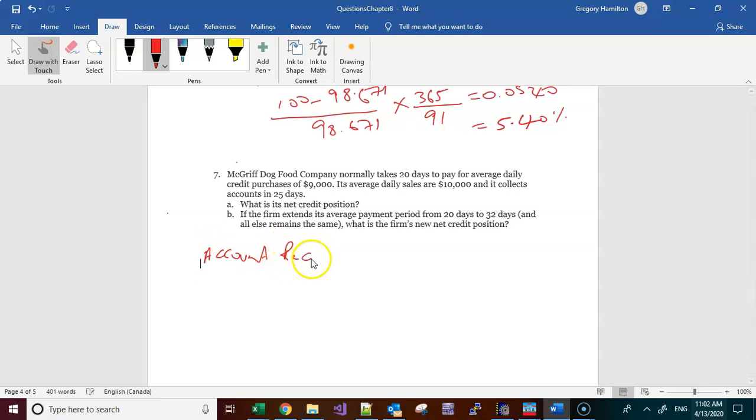Let's go with accounts receivable first. Accounts receivable will be equal to our average daily credit sales multiplied by our average collection period, right?